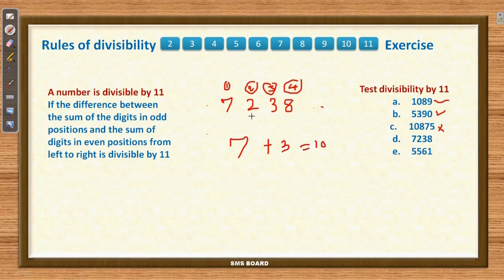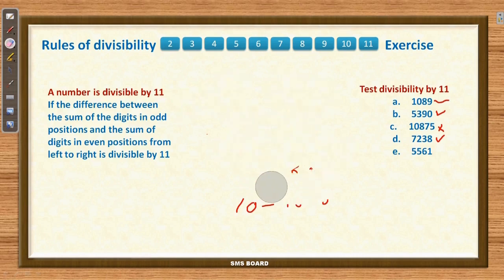Add the digits in even positions: 2 plus 8, that is equal to 10. The difference between the sum of digits in odd positions and the sum of digits in even positions is 10 minus 10, that equals 0. 0 is divisible by 11, so this number is divisible by 11.